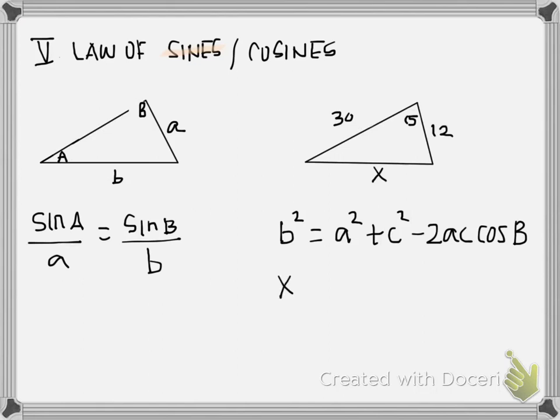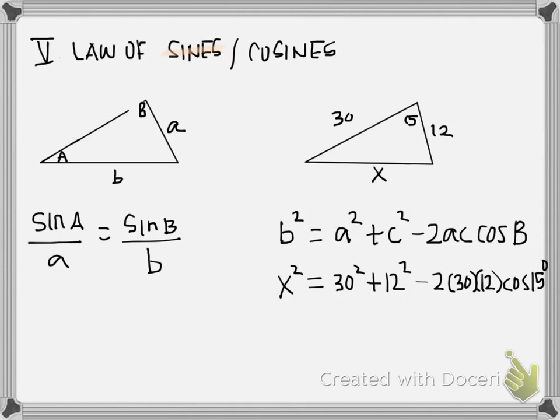We would say x squared equals 30 squared plus 12 squared minus 2 times 30 times 12 times cosine of 15 degrees.